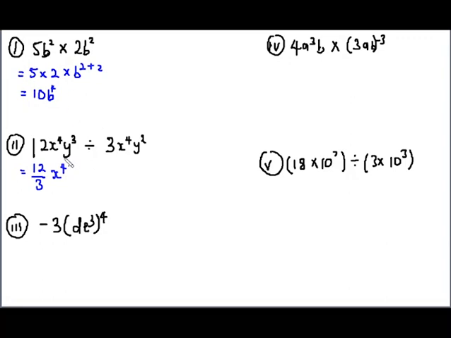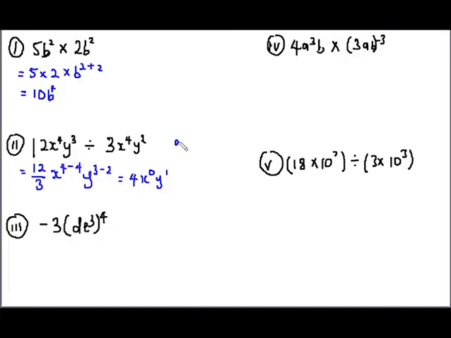So in this case, I'll be saying x raised to the power of 4 minus 4, that's the power of x here, and I'll be saying y raised to the power of 3 minus 2, that's the power of y here. So the results would ultimately become 12 divided by 3 is 4, and then x raised to the power of 4 minus 4 is x raised to the power of 0, and then y raised to the power of 3 minus 2 is y raised to the power of 1.